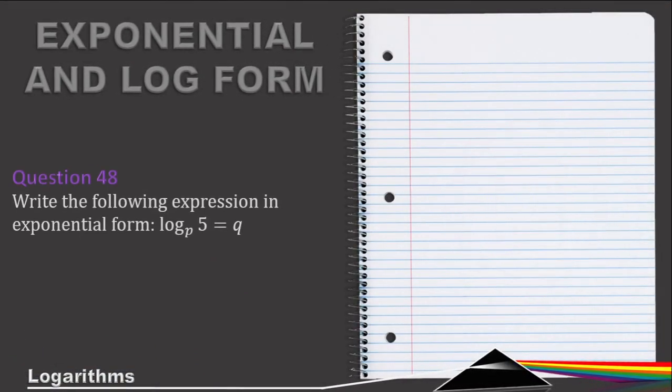Okay, write the following expression in exponential form. Let's just write this here. Log base p, numerical value 5, equal to q. Base stays base, so that's p, right? And then it's now going to be with q, and it's equal to 5.